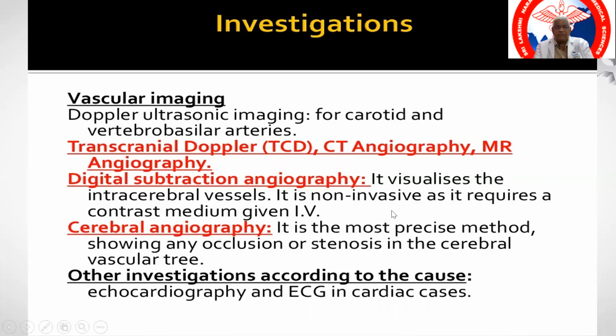It is non-invasive, though it requires a contrast medium given intravenously. Cerebral angiography is the most precise method, showing any occlusion or stenosis in the cerebral vasculature. Other investigations according to the cause: echocardiography and ECG in cardiac cases. Why ECG and echocardiography?